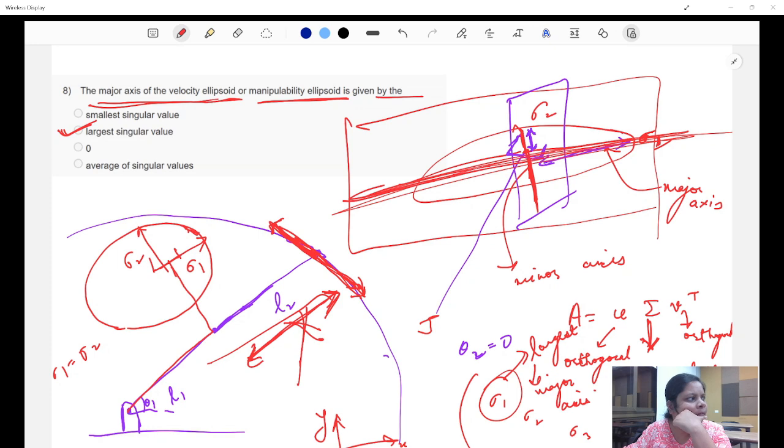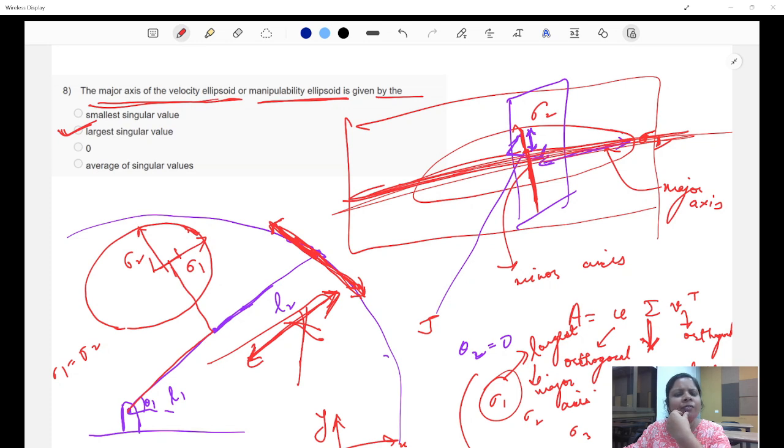So that's why the doubt came. Both SVD of J and J inverse are given, and the other two options are determinant of J and square root of determinant of J J transpose. Yes, it is a non-square matrix.